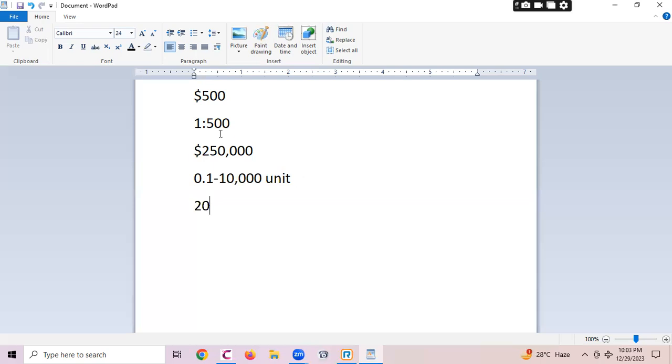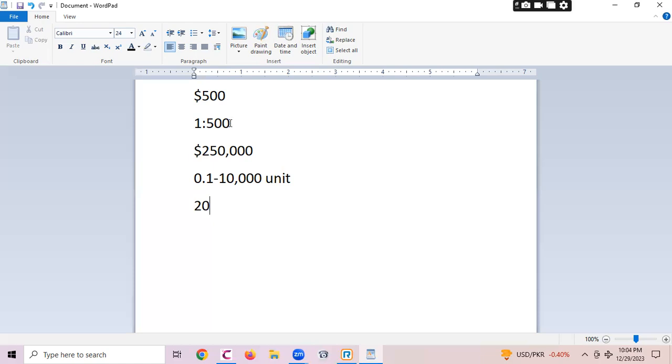Let me repeat. Let's say you have $500 in your trading account, and you're operating with a leverage of 1:500. With 1:500, what this means is that with $1, you'll be able to purchase 500 units worth of currencies.